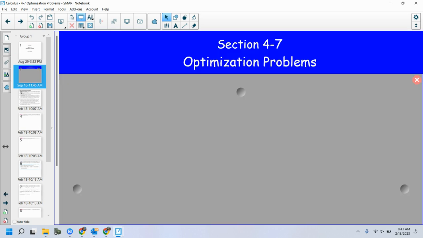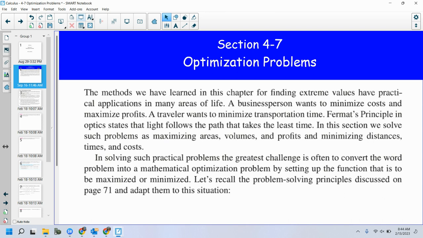All right. So what we're going to be looking at today is called optimization. The methods we have learned in this chapter for finding extreme values have practical applications in a lot of areas. A business person wants to minimize costs and maximize profits. A traveler wants to minimize transportation time.